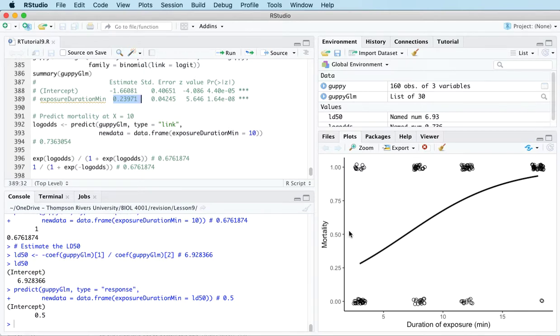To figure out whether we've established a regression relationship between the response variable and the predictor variable, the regression parameter here is what tells us whether there is a relationship there or not. If this number was 0, that would mean there's no relationship.